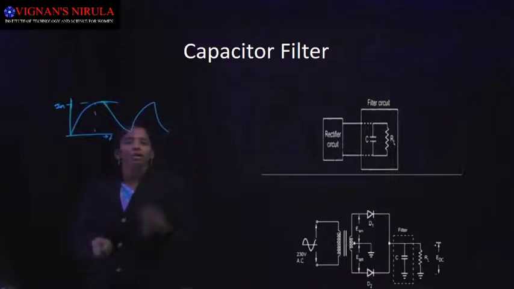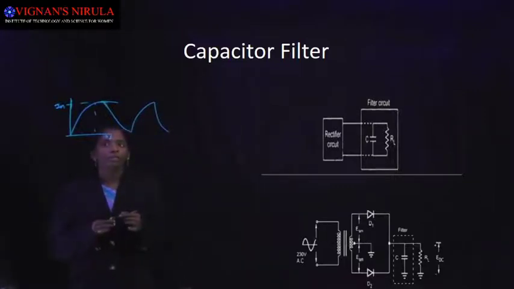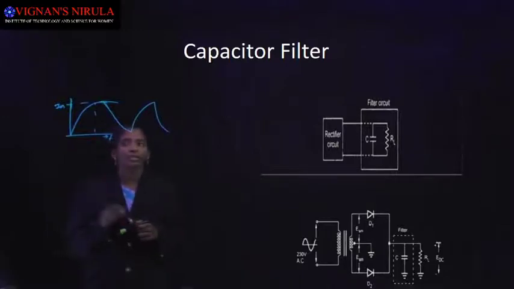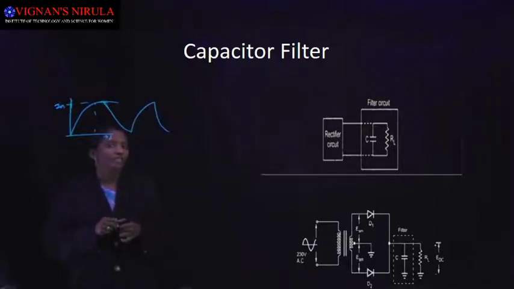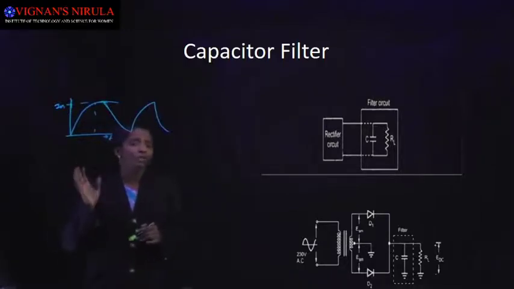So if you observe the waveform, it looks like a triangular waveform. Am I correct? It looks like a triangular waveform. So we should assume the output of the capacitor filter is triangular.